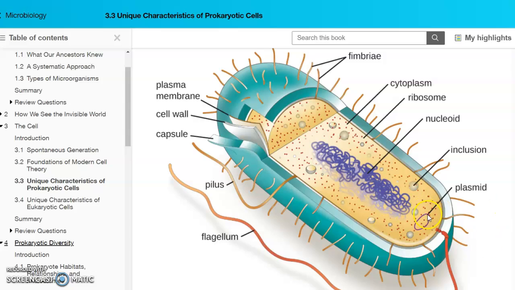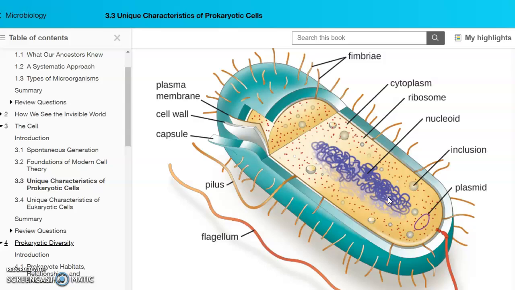Then we have this little structure right down here, this little circular purple structure. This is called a plasmid. Plasmids are extra pieces of DNA, not part of the original chromosome. You see that it's not contained within the original chromosome here. Plasmids contain extra pieces of information.